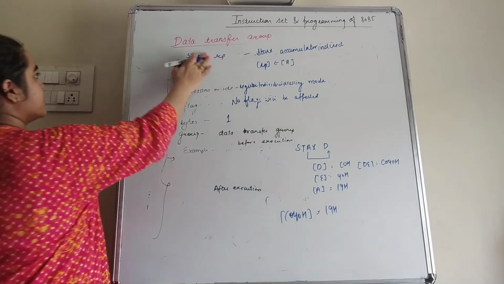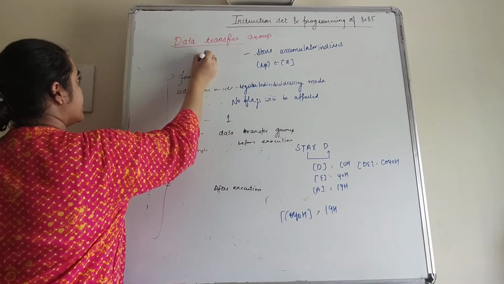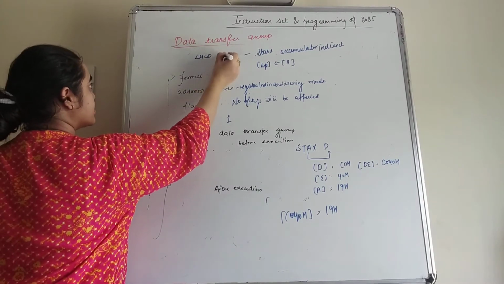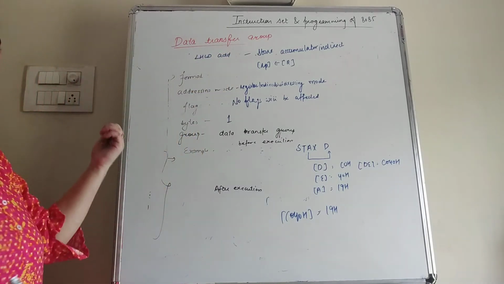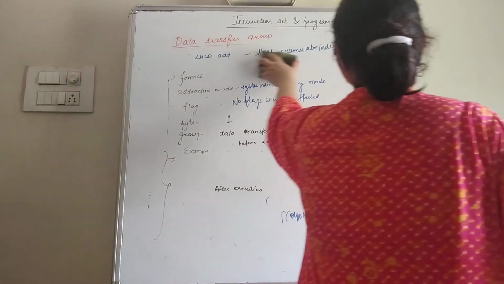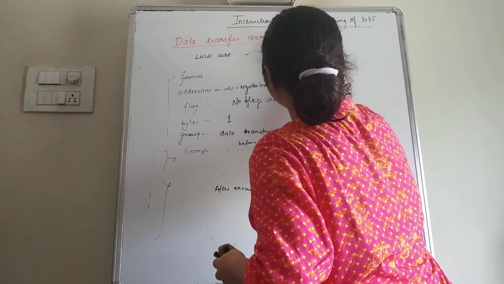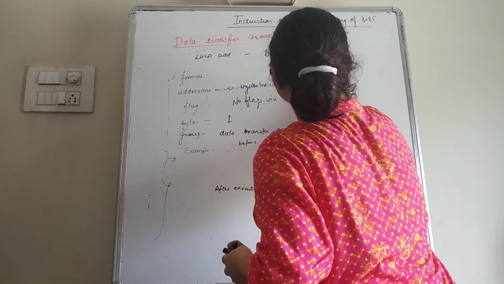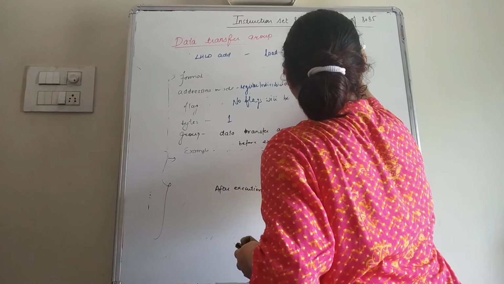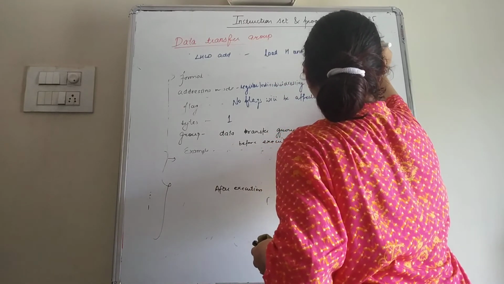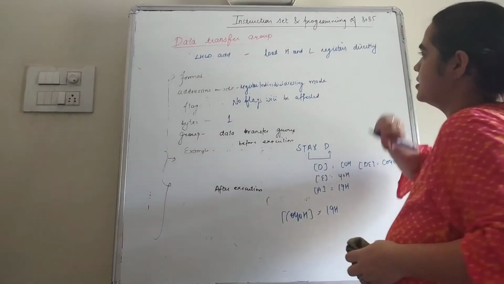Now next, we have two more instructions that come under the data transfer group. The next instruction is LHLD address. This instruction means load the H and L registers directly.